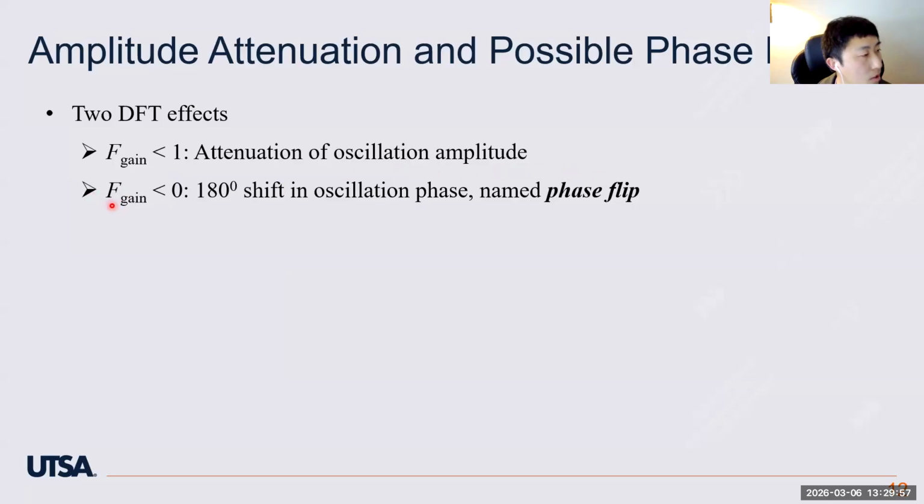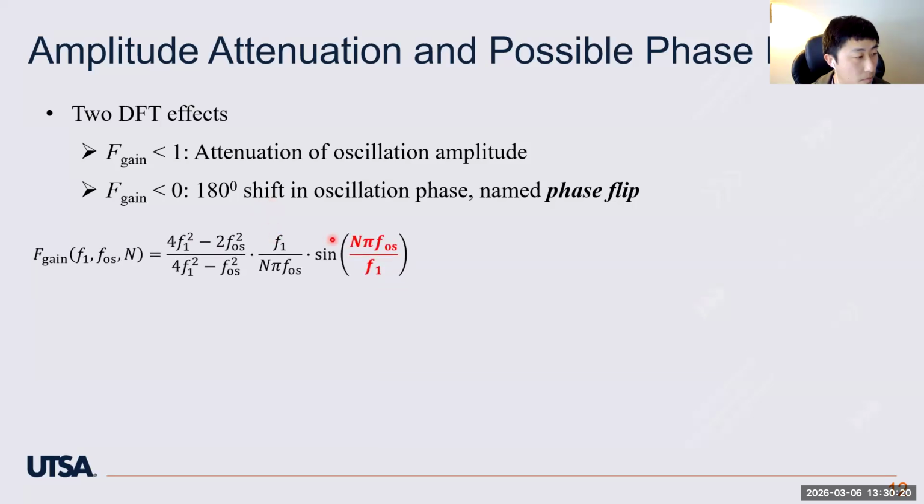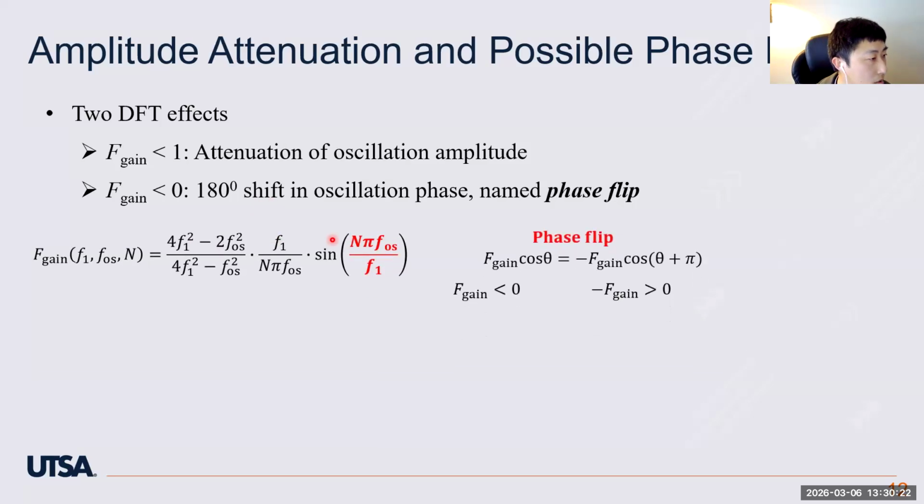On this slide I'm going to talk about the second point, the phase flip phenomenon. By phase flip, I mean that the oscillation phase could be shifted by 180 degrees compared to the ground truth. So how can we interpret this?